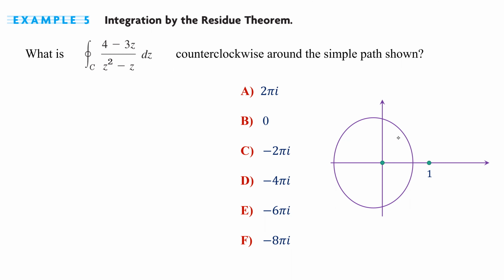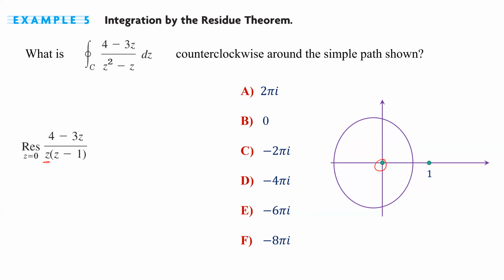So we said that z equal to 0 is inside. You see, z is z minus 0.